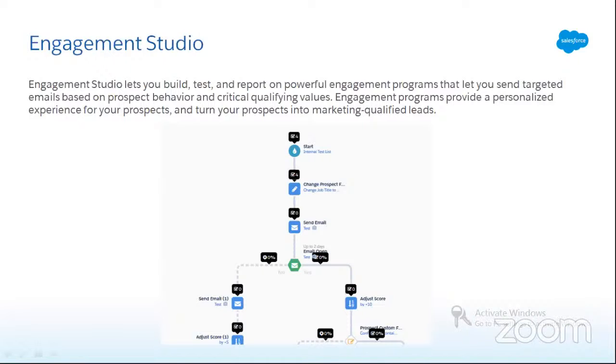You will get the first email, then the second one, then the third one, based on your activities. If he opens the first email, I could send the second one. If he is not opening an email, I could send a reminder, right? So this is how we create the engagements.